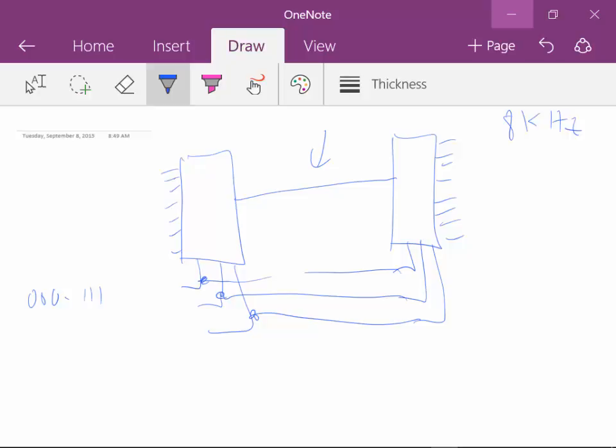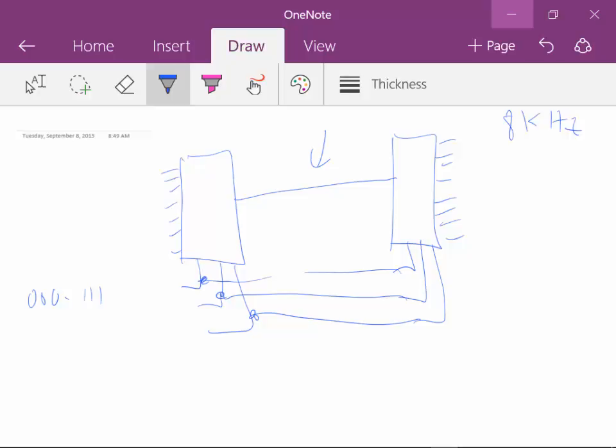Now, a little bit more of an advanced topic in digital, but it is discussed at this level: whenever we sample a digital signal, we have to low-pass filter the signal to at most half of the sampling rate.